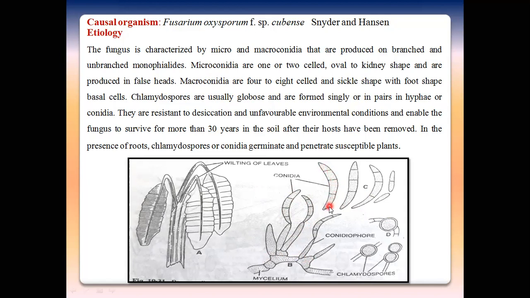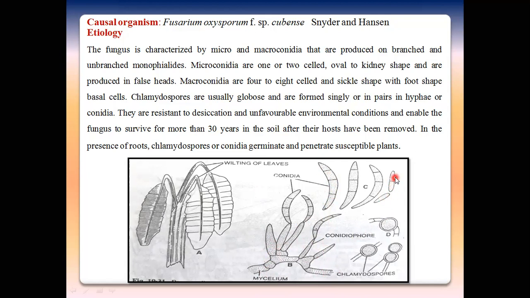These macroconidia are 4-celled to 8-celled, and generally sickle shaped. Four-celled up to 8-celled macroconidia are produced within the sporodochia. Then another conidia is known as the microconidia. This microconidia is 1-celled or 2-celled.